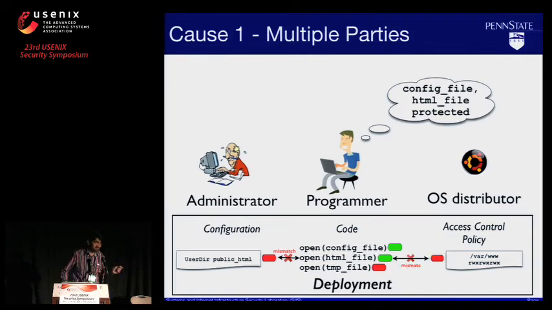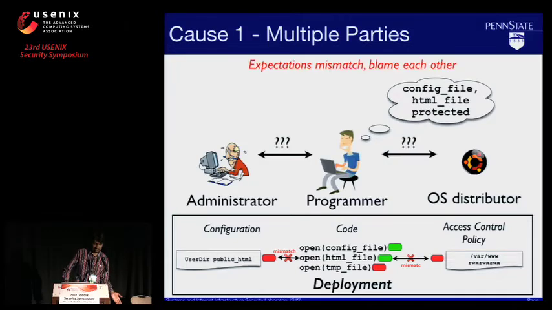Similarly, if the OS access control designer, the OS distributor, makes this directory world writable, then again, there is a mismatch and a problem. So currently, these parties have no way to communicate their expectations with each other. And when problems happen, they blame each other, and the exploit goes unfixed, or the vulnerability goes unpatched.